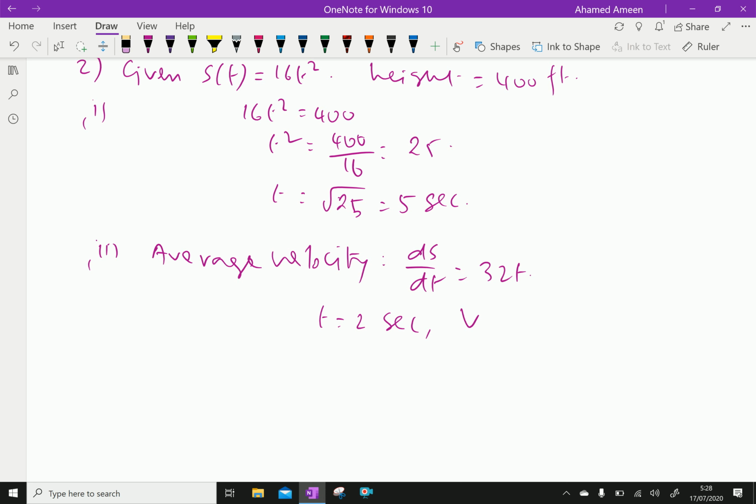Here we have to find the average velocity for the last 2 seconds.